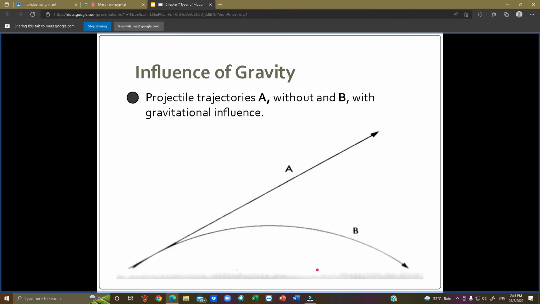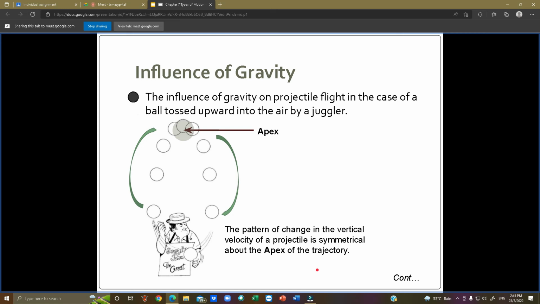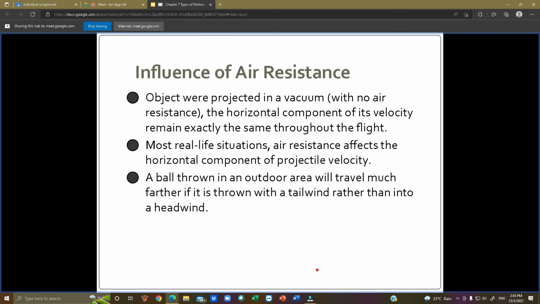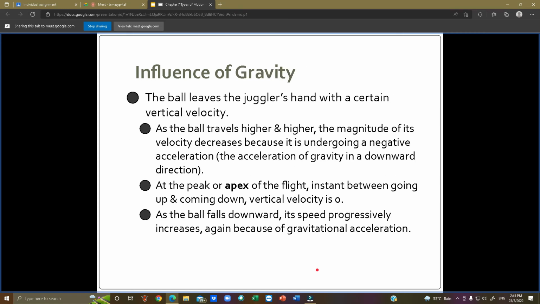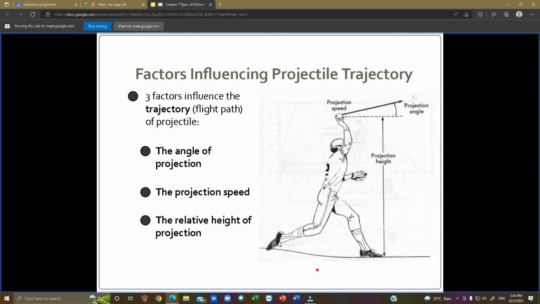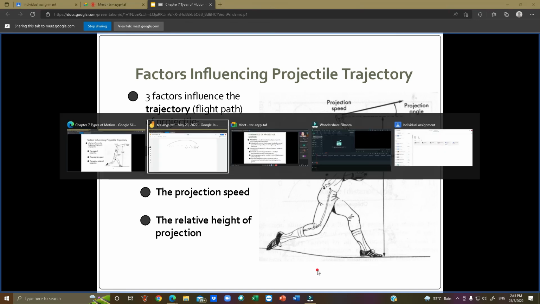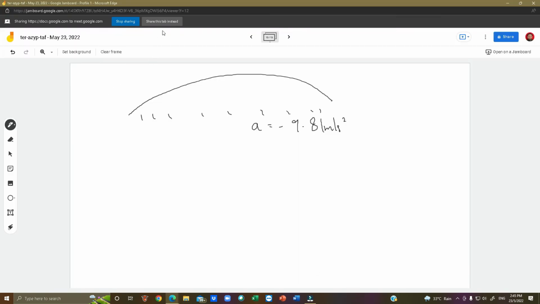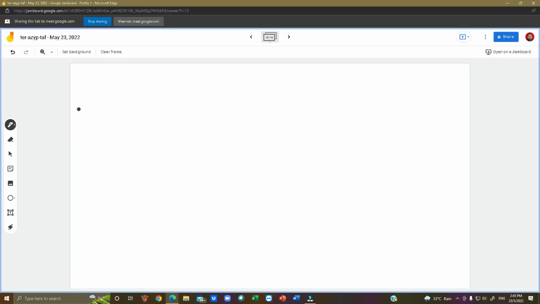Okay. For projectile, ini dia bagi tahu apex, semua yang tempat-tempat tadilah, we have covered this one. For projectile, there are 3 factors which influence the range of motion. Bila kita cerita projectile ni sahaja, katalah kita ambil bola sepak tadi.